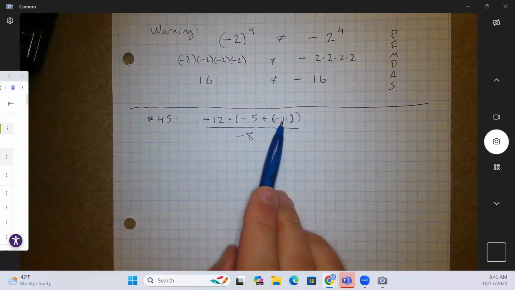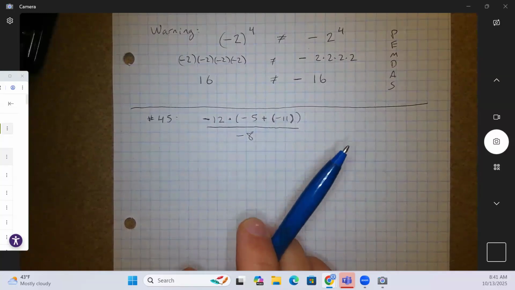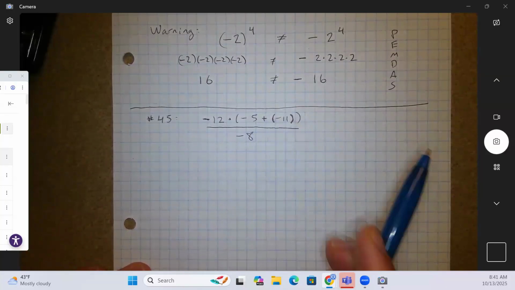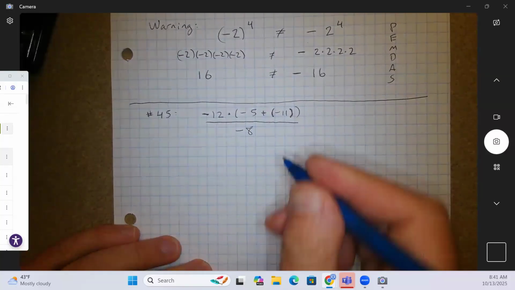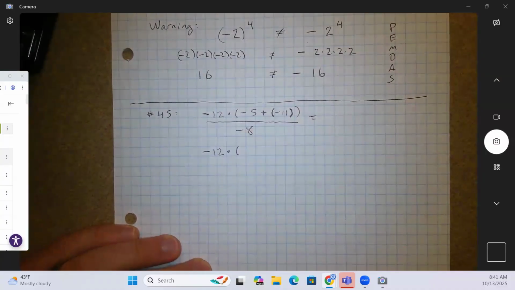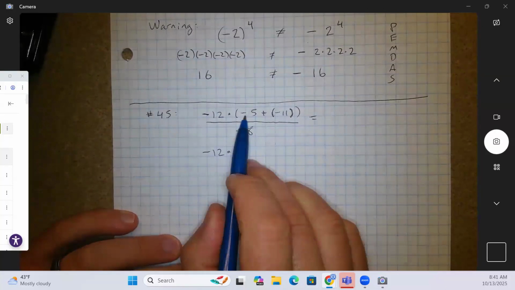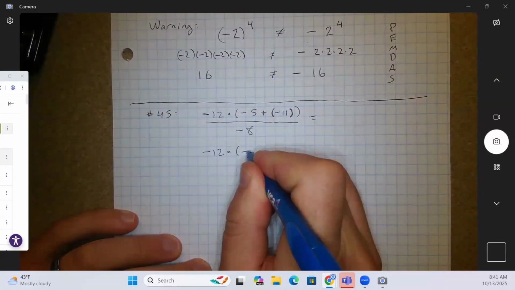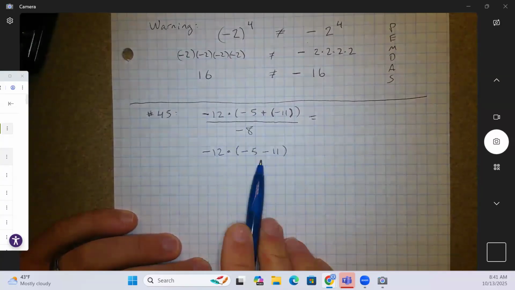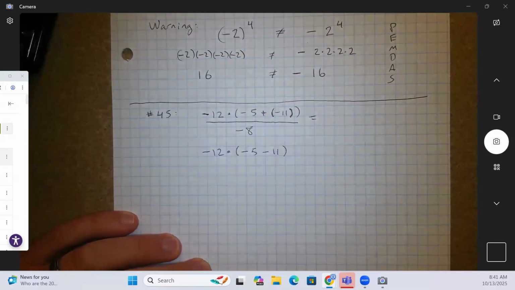That minus 11 in parentheses is mostly there as a visual cue that I'm taking a negative and I'm adding a negative. So we could go back to our rules for addition and subtraction of integers and realize a minus plus a negative is like a minus minus the number.